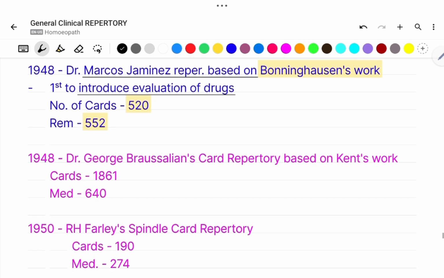Then in 1948 another card repertory came, which was by Dr. George Brosselaine's card repertory based on Kent's work. So this repertory is also based on Kent's work. Total number of cards in this 1861 and total number of medicines 640.